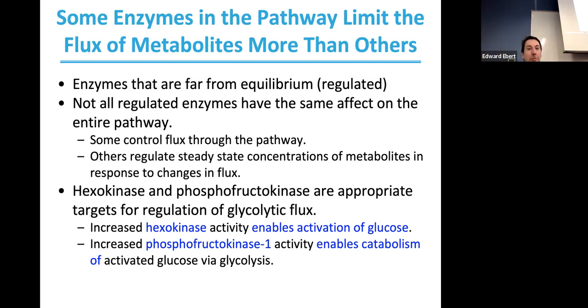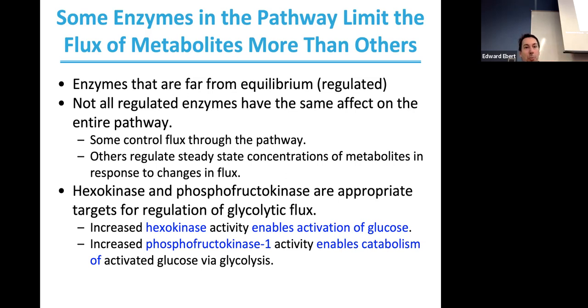Enzymes that are really far from equilibrium are the ones that are regulated, but they're not all regulated the same way. You can think of it like a terribly bitter, cynical view of the legal system: not all crimes are prosecuted the same way. Not all enzymes are regulated the same way. Some will control flux through an entire pathway.